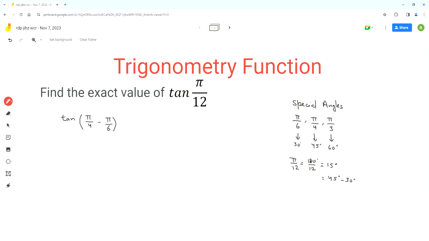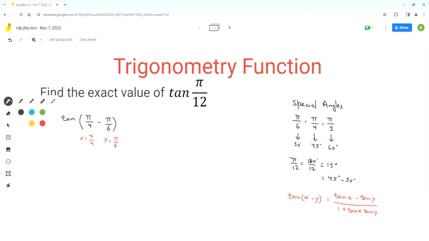So the tan angle difference identity is tan of x minus y is equal to tan x minus tan of y over 1 plus tan x tan y. Now in our expression, x is pi over 4 and y is pi over 6.